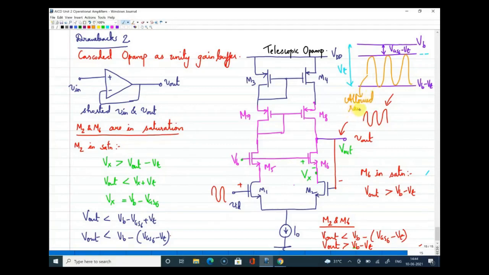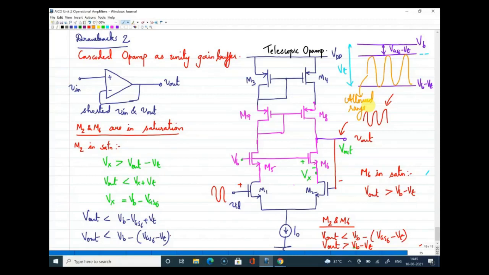And only within this range, if we make the output voltage swing, the transistors M2 and M6 will remain in saturation. All right. This can be clearly seen: the output voltage swing is very, very small. It is lesser than 1 threshold minus 1 overdrive.